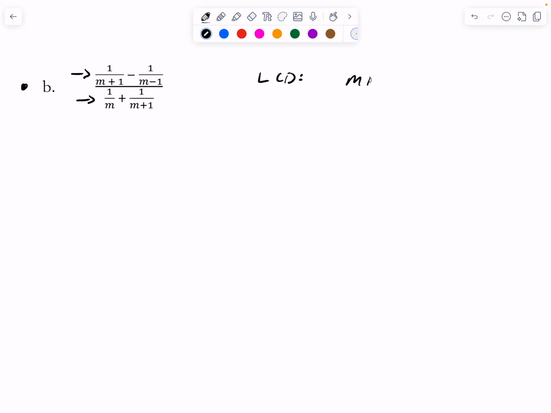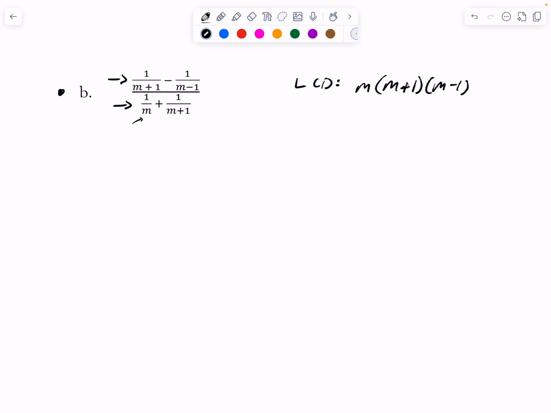So I've got m plus 1, for sure, that's in my first one. I've got m minus 1, and then I have this m down here that I'm going to put. So what I'm going to do is take that LCD, and this is different than what we've done for all the other ones. So I know this is going to be a little tricky, but I'm going to rewrite the problem with a little space. And for all of these, I'm only going to multiply the numerator by everything.